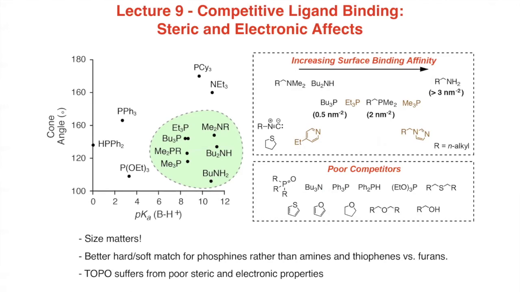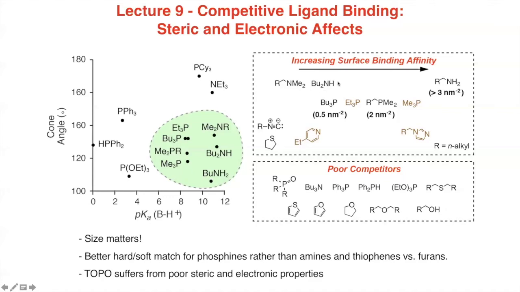And you'll see some of the same features that we saw earlier in the cadmium carboxylate displacement. Ligands that are sterically small and basic work the best, as I mentioned. Tributylamine does not compete with tributylphosphine. Dimethylbutylamine does.